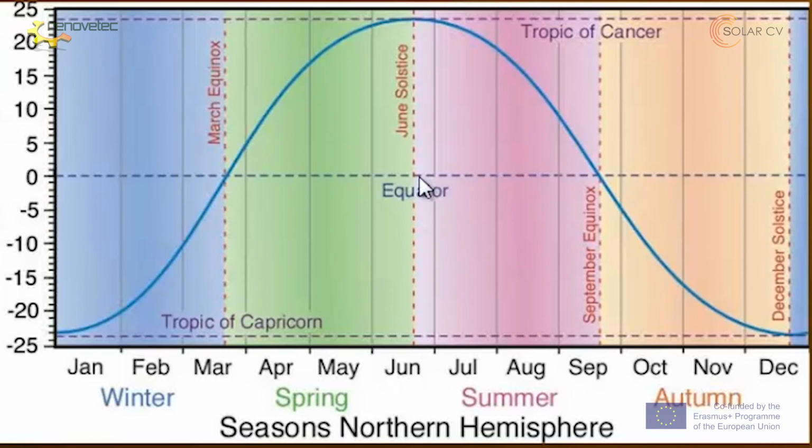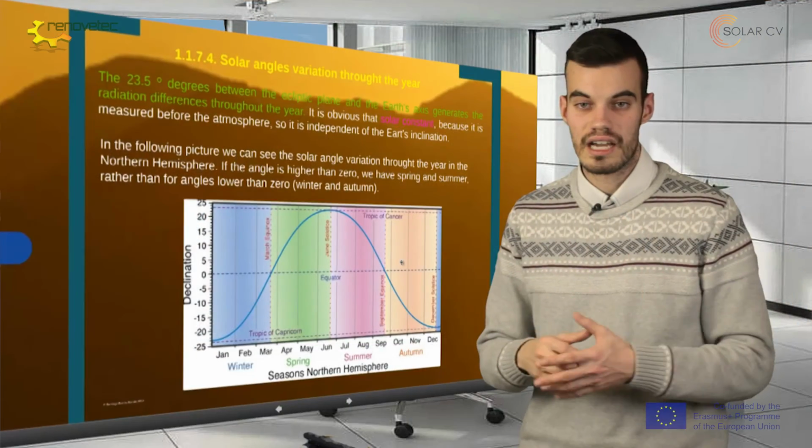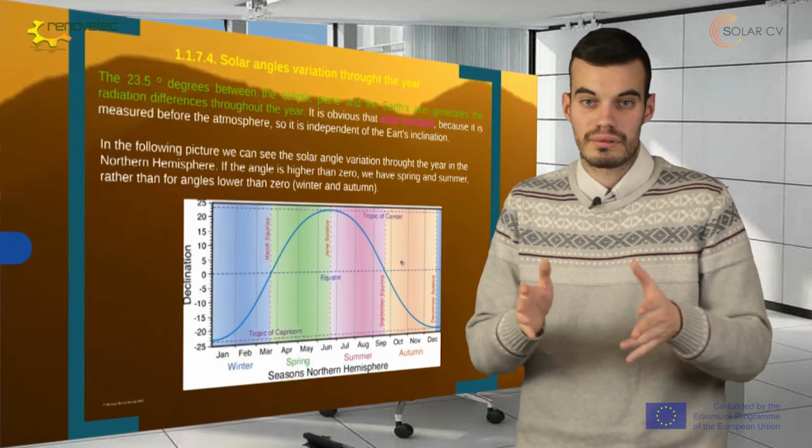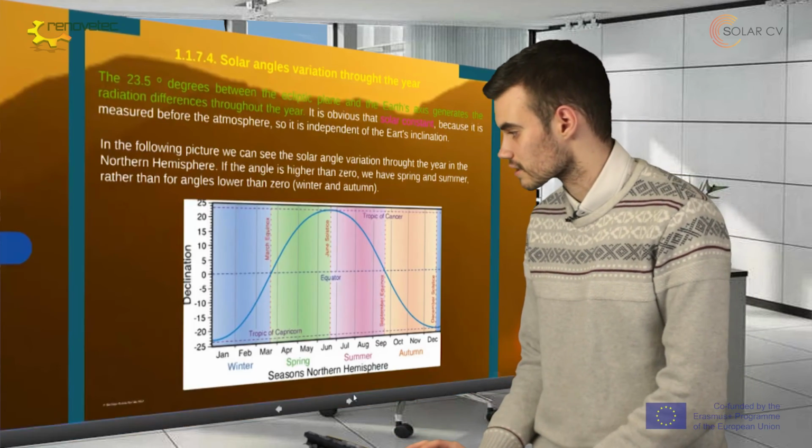So this angle is going to be positive in the June solstice, it's going to be negative for the December solstice, and it's going to be 0 for both equinoxes, i.e. for March, spring equinox, and September, autumn equinox. So the day and the night are going to last the same hours.